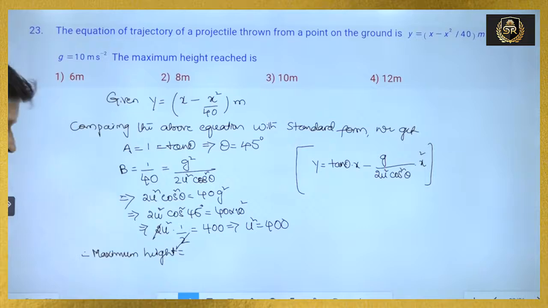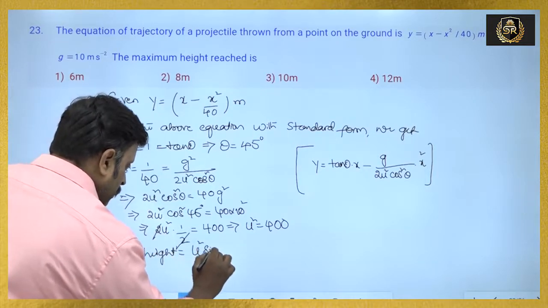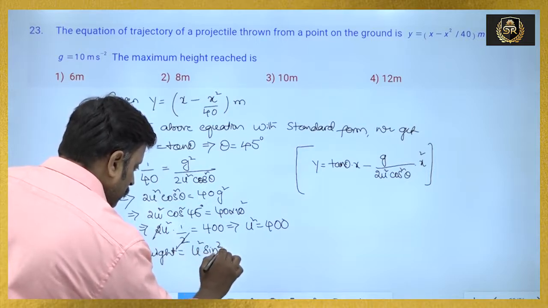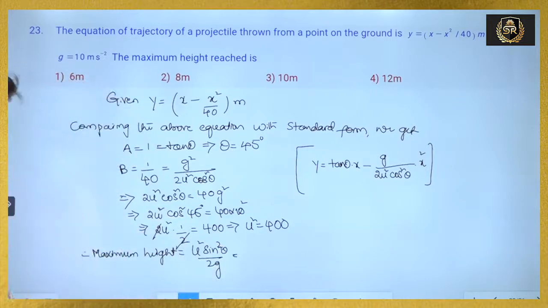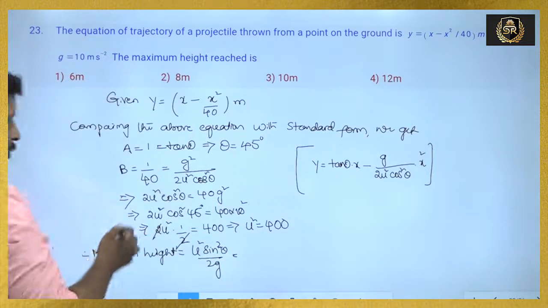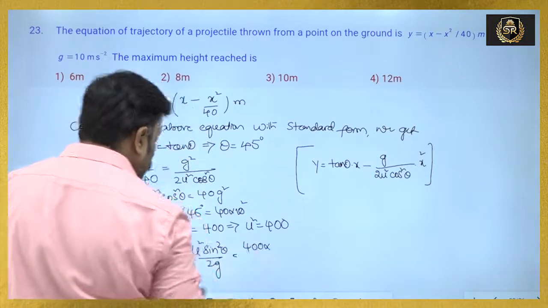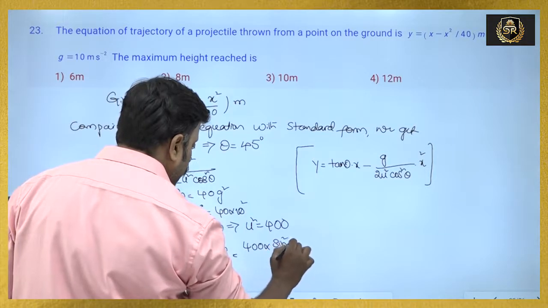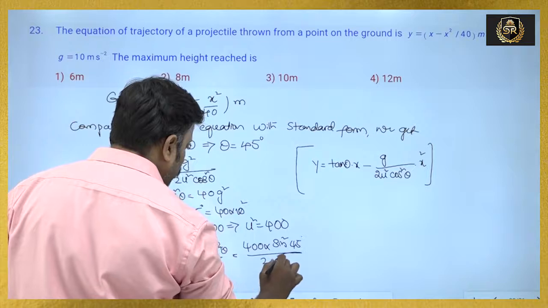Therefore, now calculate the maximum height. The maximum height formula for a projectile is u square sin square theta by 2g. So u square value we got as 400. Sin square theta, theta is 45, by 2 into g value is 10.